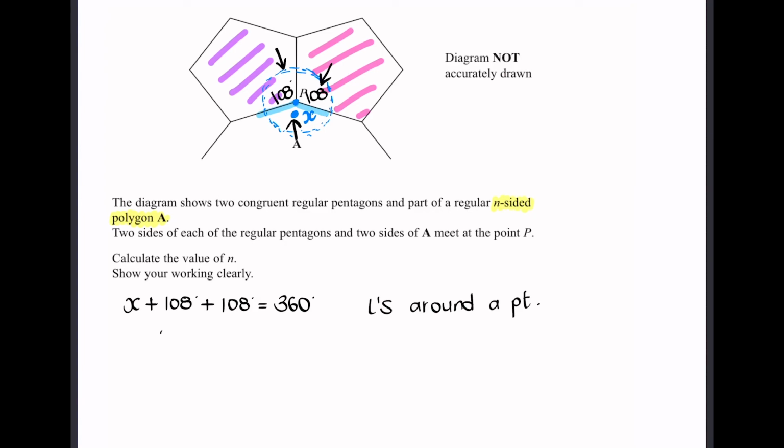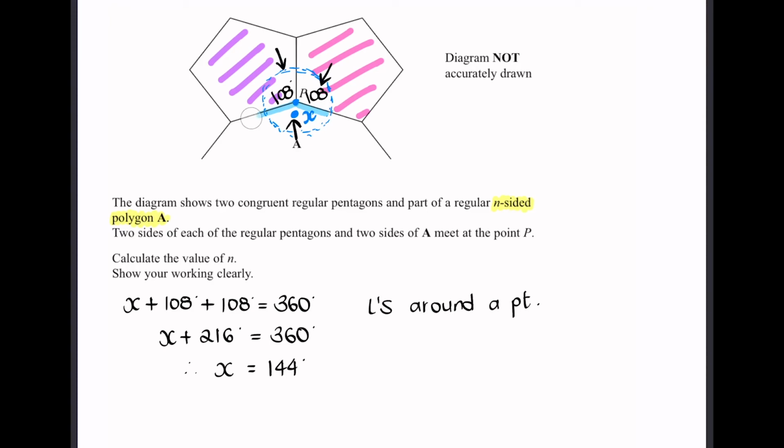So that would mean that x plus 216 degrees is equal to 360 degrees. So I would subtract 216 degrees from both sides. So I'd have x equal to 360 minus 216, which is 144 degrees. So that means that I have the angle being 144 degrees.